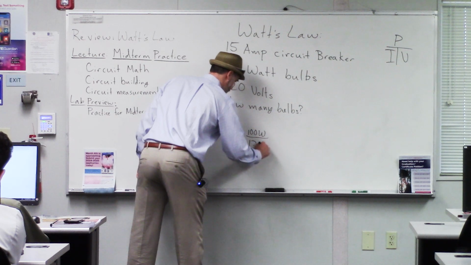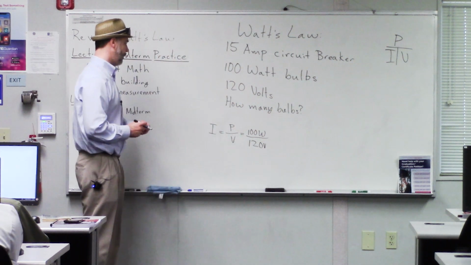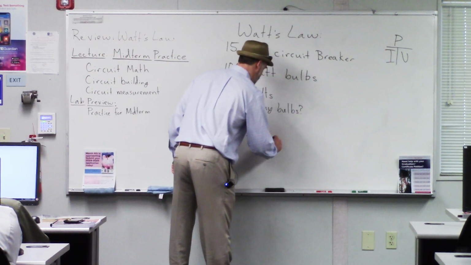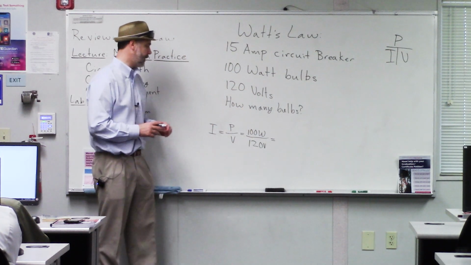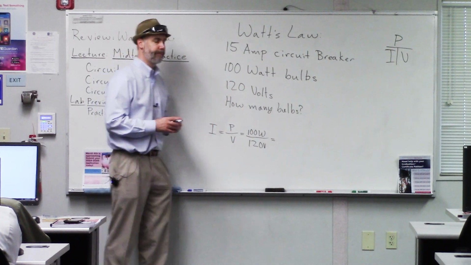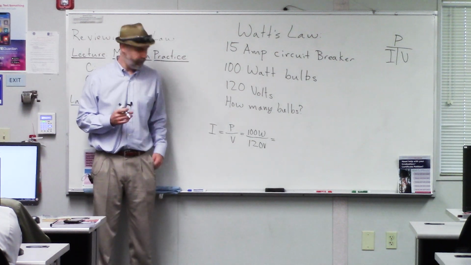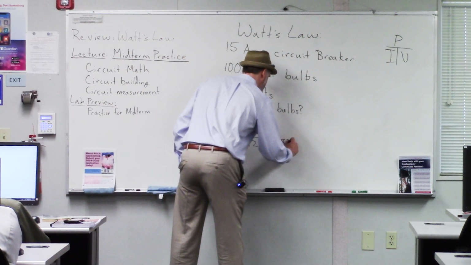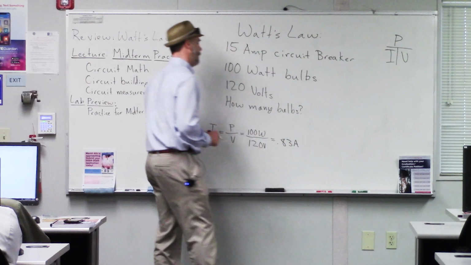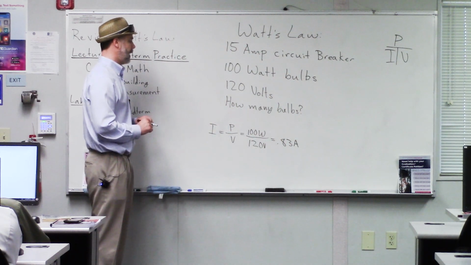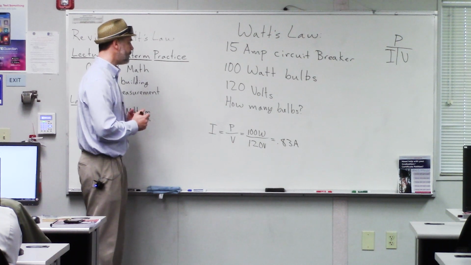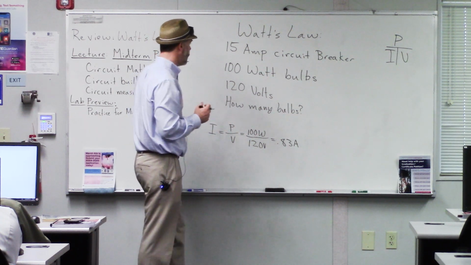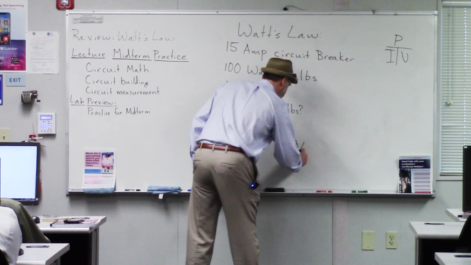So the current for each bulb is 100 watts divided by 120 volts. So does somebody have a calculator? What does that turn out to be? 0.83. Okay, so 0.83 amps. Okay, so each bulb takes 0.83 amps. So then, 0.83 amps per bulb.